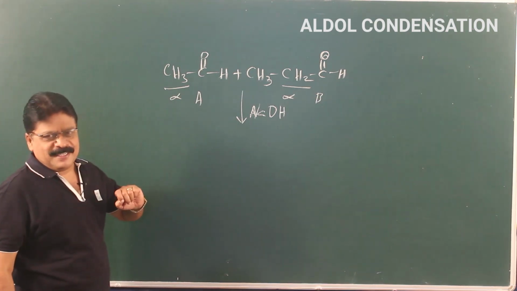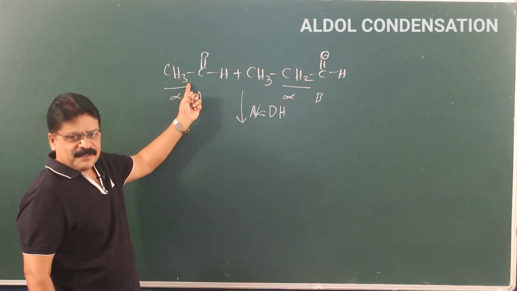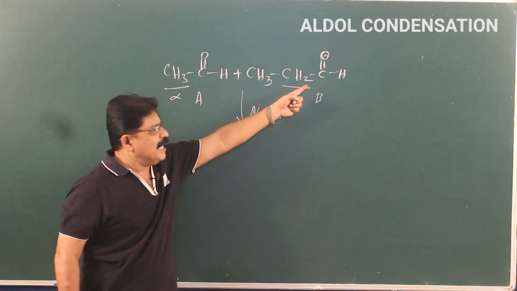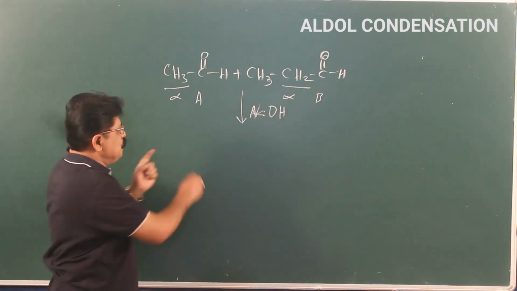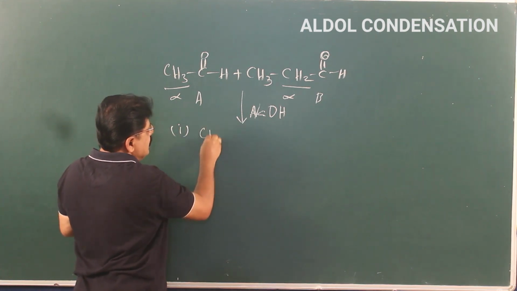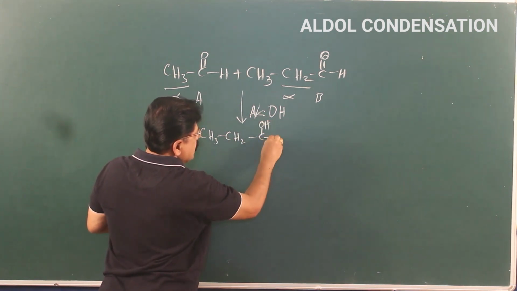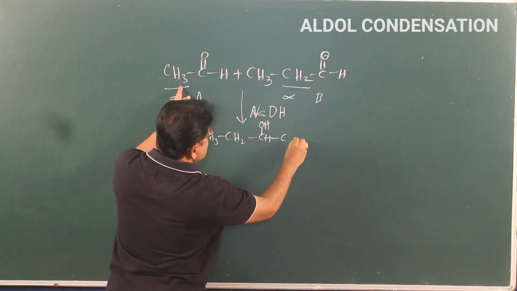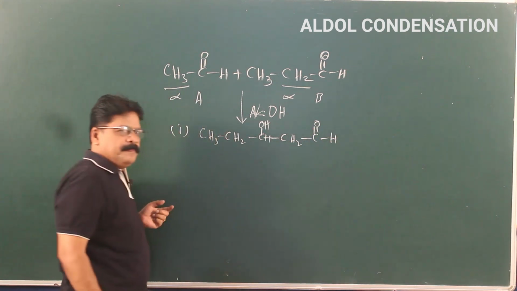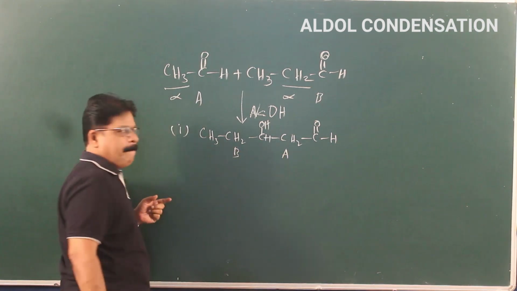there are different possibilities. This OH minus can extract the alpha H from here, and this will then attack the carbonyl carbon of that. So, you get a product where this is obtained, that is CH3, CH2, C, this will become OH, and this is the second thing. So, it is BA.